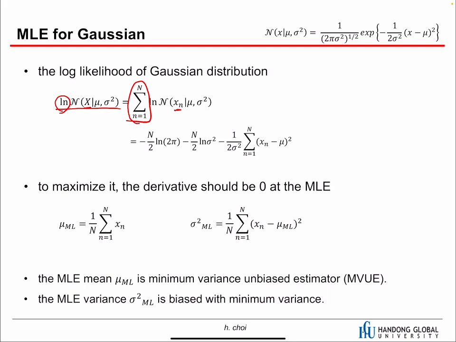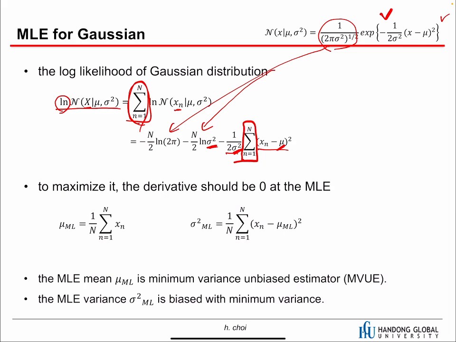Then if you remember the Gaussian distribution equation, by applying log, we have this term here, and this part is here, and since we have a sum it goes into this. So this is our log likelihood function for Gaussian distribution. It's simple. In terms of sigma square, we have one sigma square and another sigma square here, and for mean we have mu here.